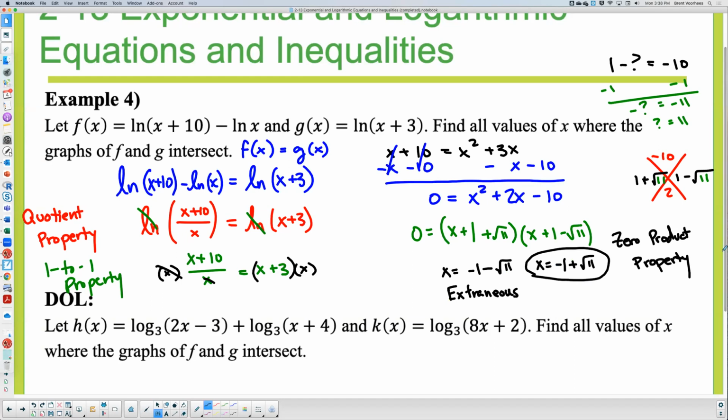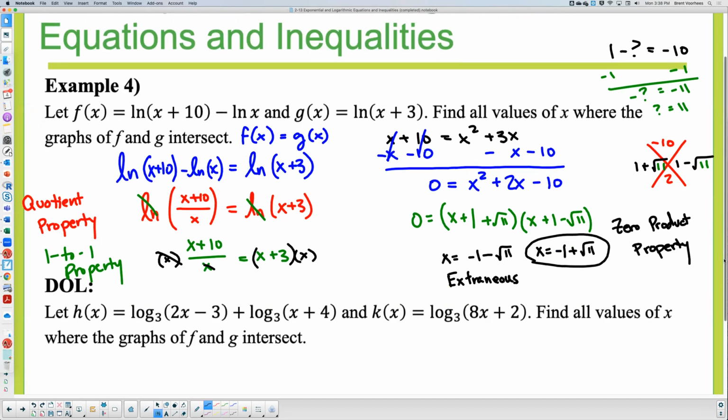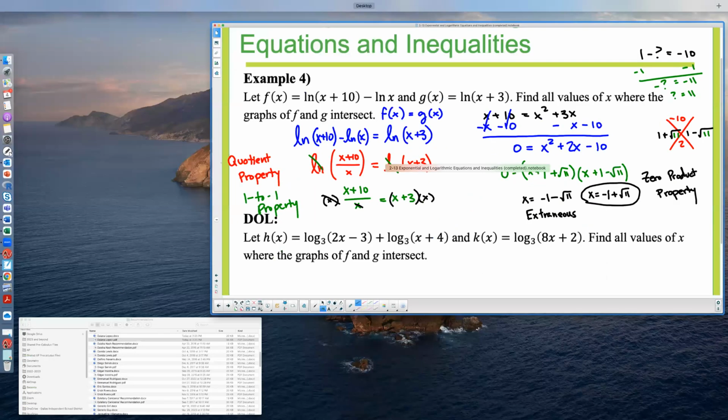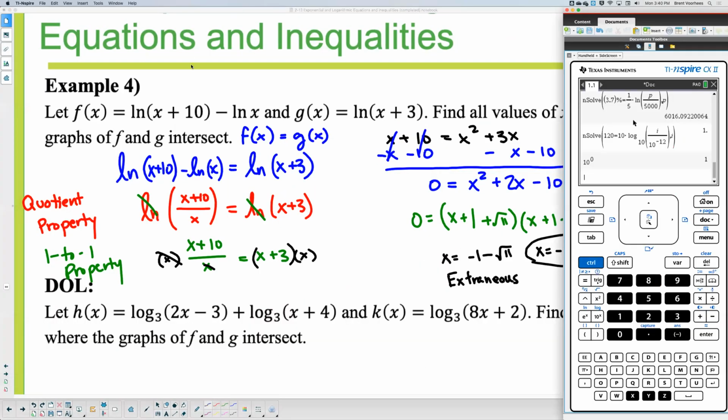Okay, so I told you we could check this by graphing, and so that's what I'm going to do now. Let's just graph these equations, and I'm going to graph each function and show you.